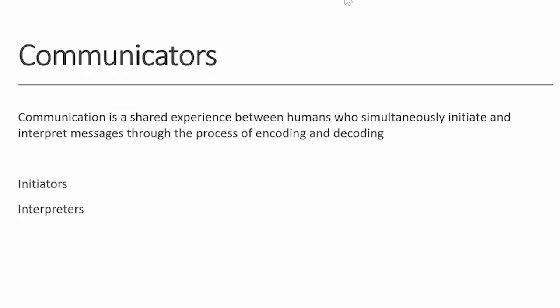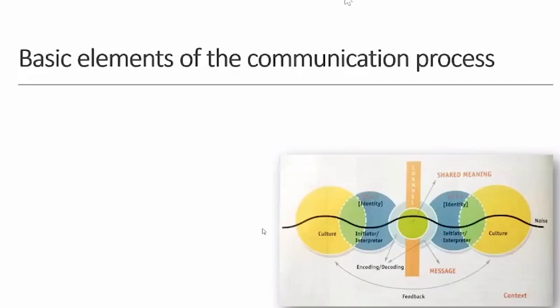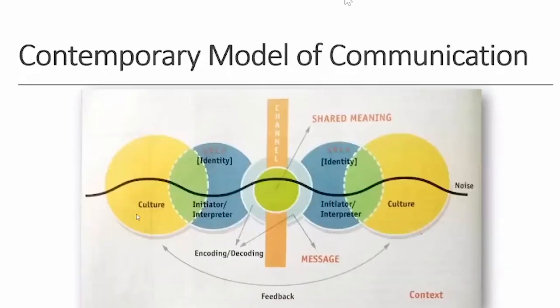Can you understand? Yes, sir. Good. So in communication, now what we accept is we all are communicators and we all are initiators and interpreters. Let's try to understand how we become initiators and interpreters. In this model, it says in blue color, I hope you can see it.